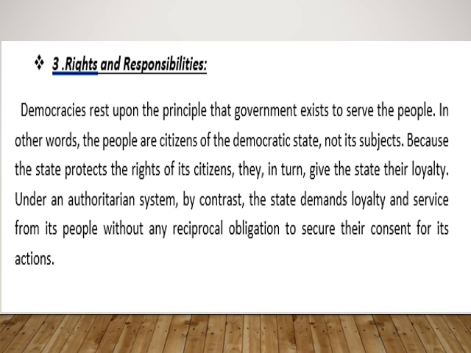So, even if the relation is about rights and responsibilities, the degree of loyalty is a very critical question here. The degree to which people should obey the government is a very problematic issue and a dilemma.